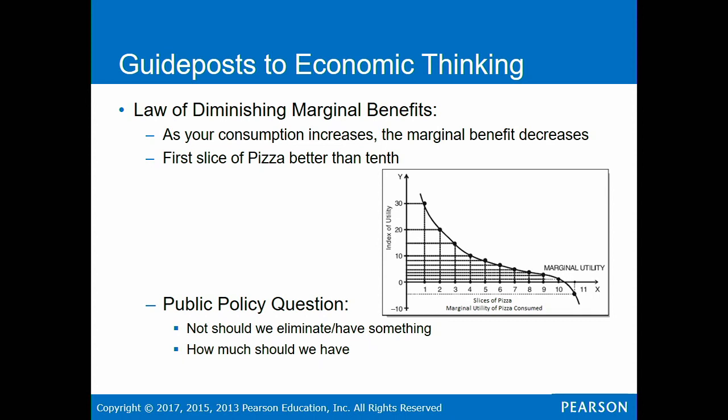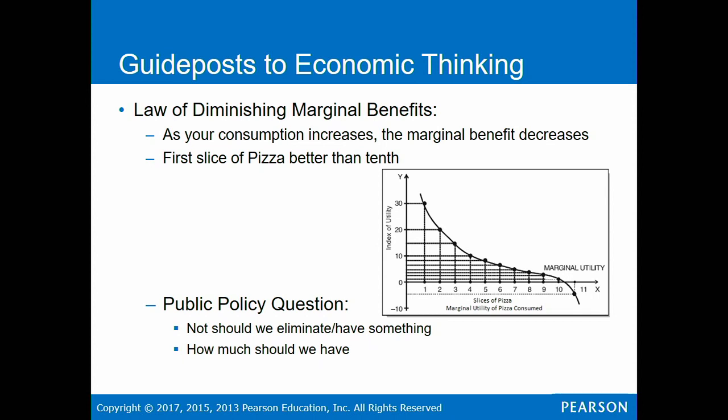Here we have a little graph showing the marginal utility. So first you're getting 30 units, like, units don't mean anything, whatever, but 30 units of happiness from that pizza, tastiness, whatever. As you move down, next slice, your second slice, you're only getting 20.